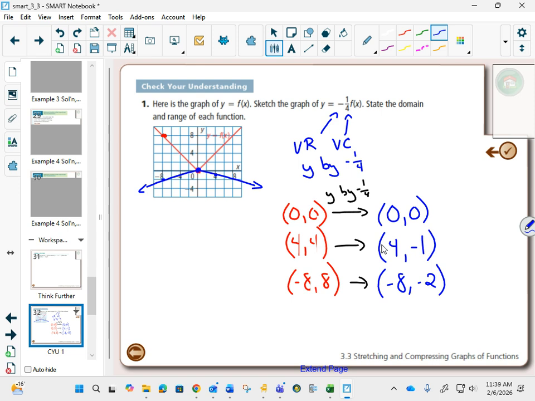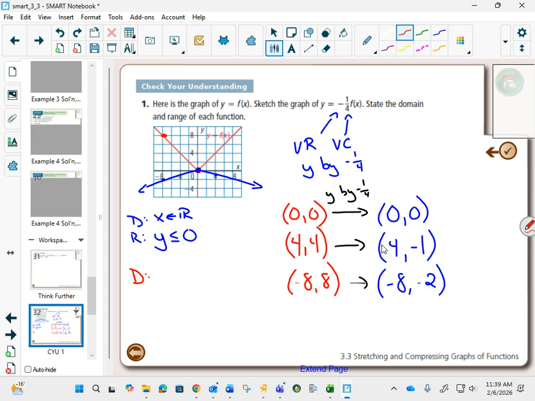State the domain and range of each function, so I'll do my domain and range in blue. Domain is everything. Range is the y values are less than or equal to 0. I did that one in set notation, sorry. I'll do the other one in interval notation.